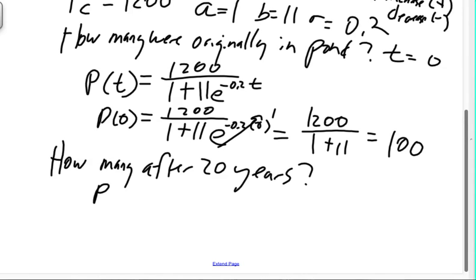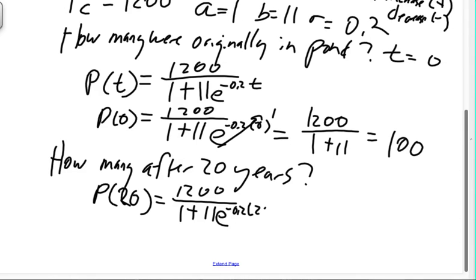So again, we just plug in: P of 20 is going to equal 1,200 over 1 plus 11 e to the negative 0.2 times 20, which gives me 998.775 fish.